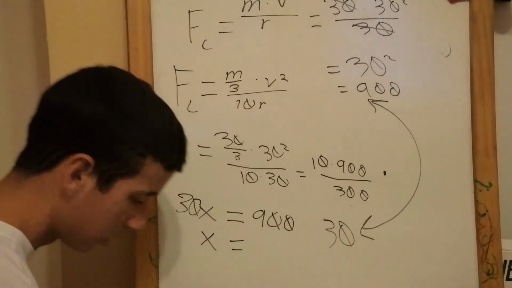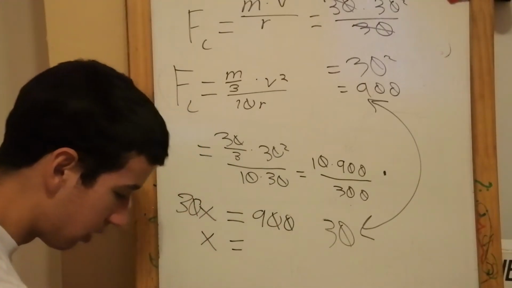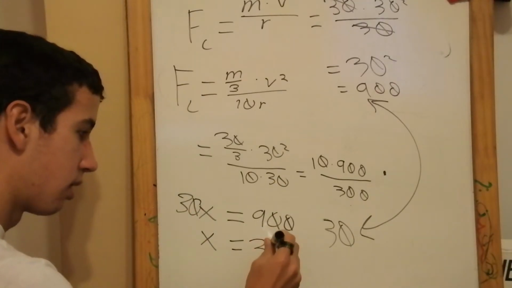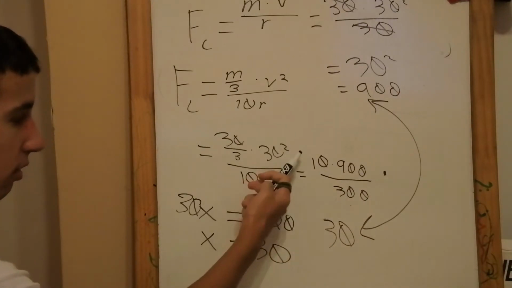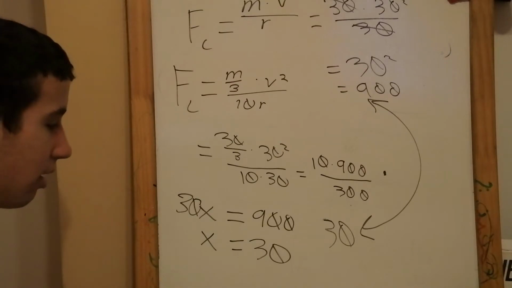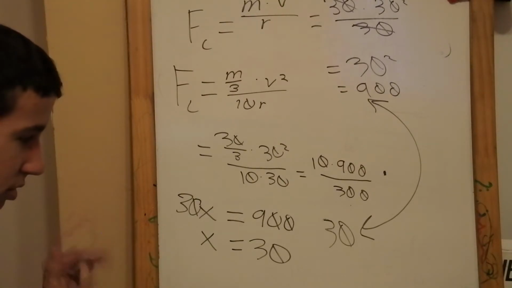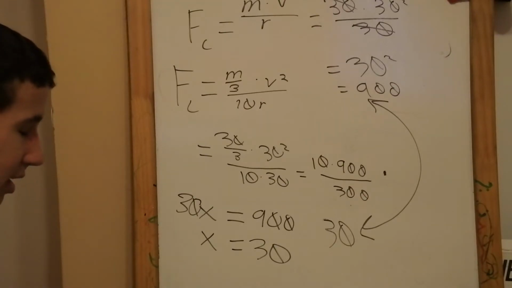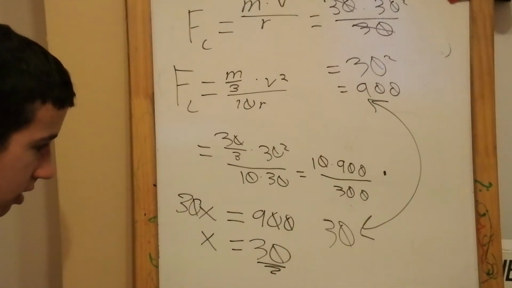Divide both sides by 30. 900 divided by 30 is equal to 30. And if you picked that up already from 30 squared, you may have been able to deduce it. That's fine. I'm just working through this the long way, no shortcuts or anything. So our answer here is 30.